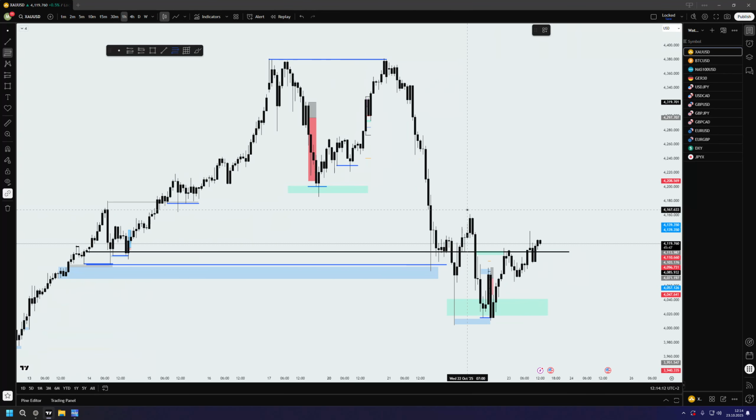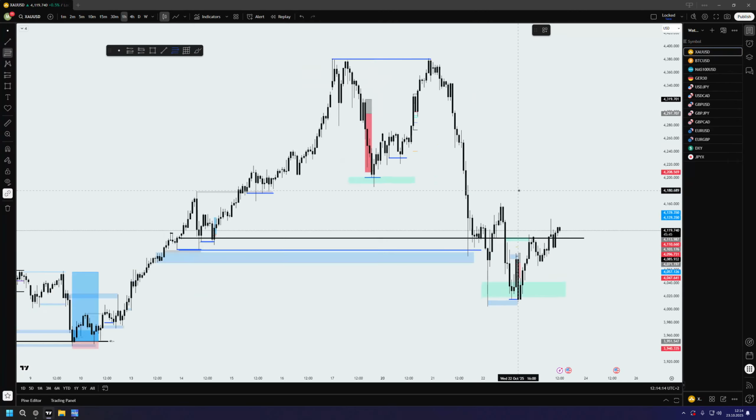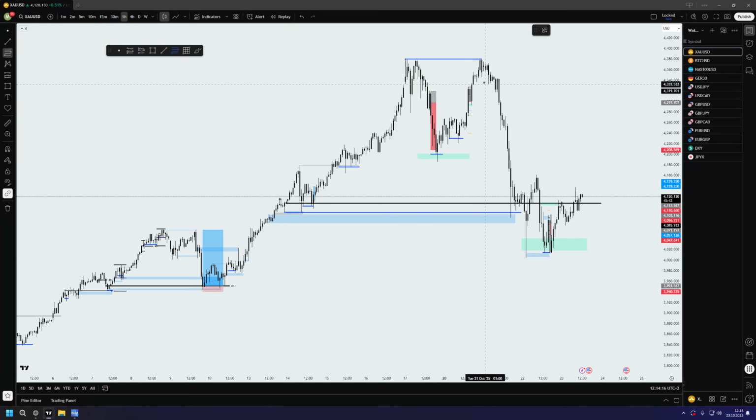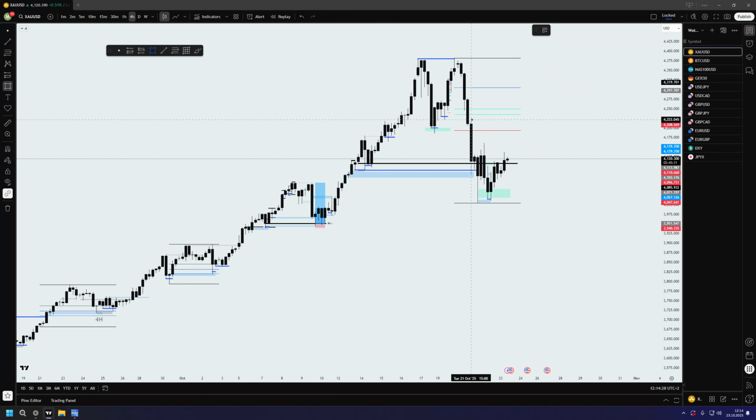And now if we want to look for short entries further down, we either measure the whole range, then at the OT we have this hidden base. Let's go to 4 hour. Have this hidden base on the 4 hour.